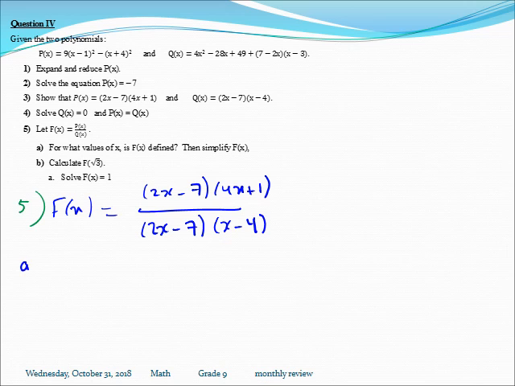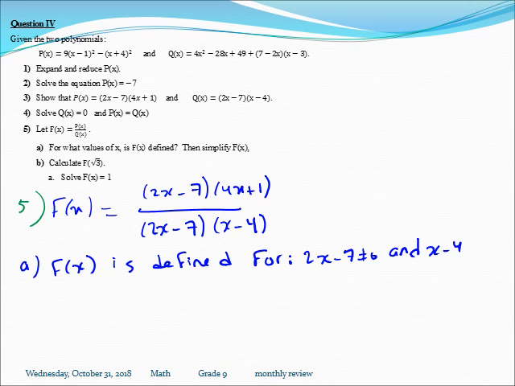A. For what values of x is f of x defined? f of x is defined for 2x minus 7 different than 0 and x minus 4 different than 0. So 2x different than 7, x different than 7 over 2, and x different than 4.